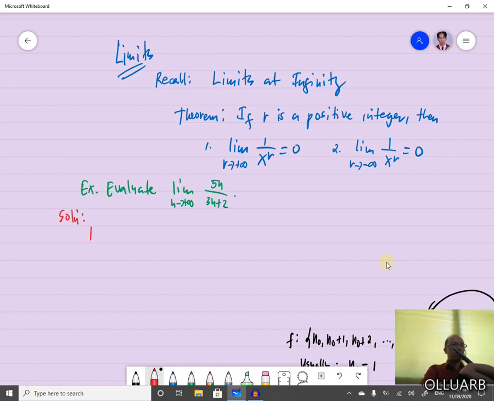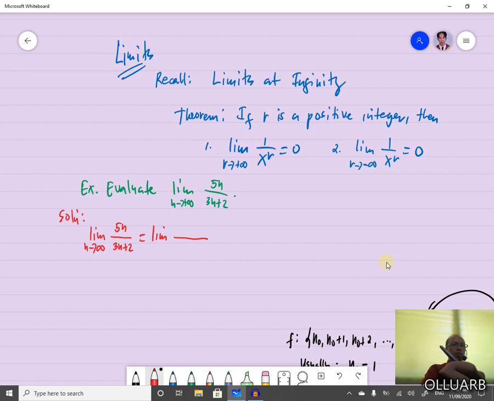Okay, first you have to copy the problem. By the way, if you replace your n with x, it's the same method in approaching this problem.